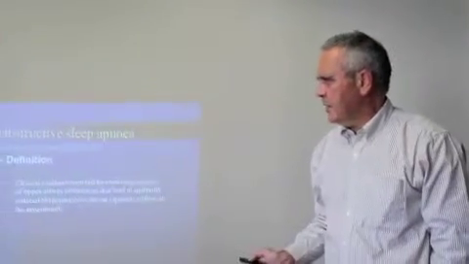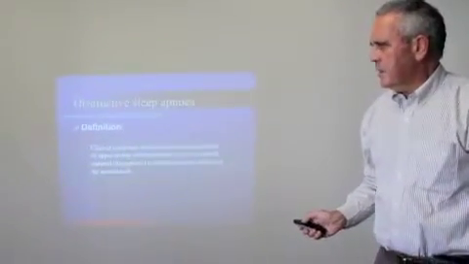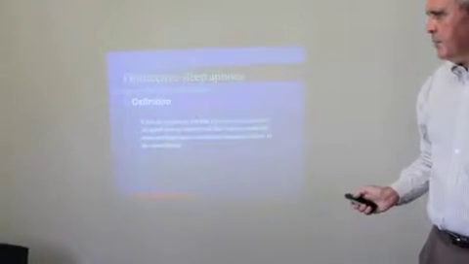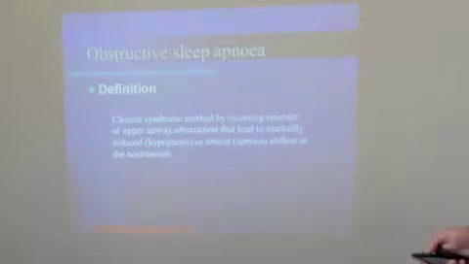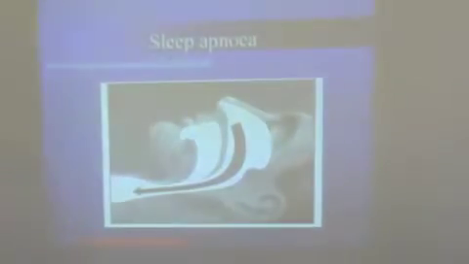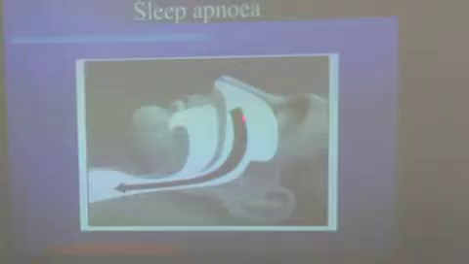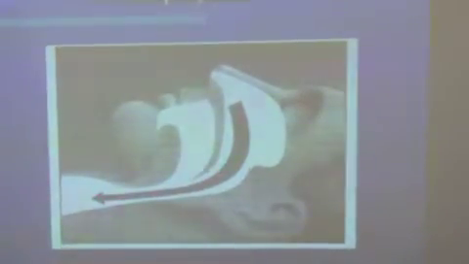Obstructive sleep apnea is defined as a clinical syndrome marked by recurring episodes of upper airways obstruction that lead to markedly reduced airflow (hypopnea) or absent airflow (apnea) at the nose or mouth. Looking at this diagram, you will see air flowing down the back of the nasopharynx into the trachea.